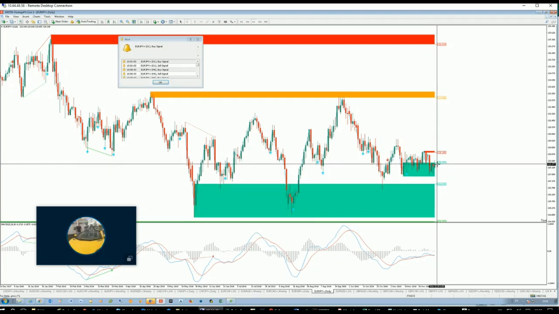So measure how much. Measure about here. 120 pips? Yeah, about 120 pips.